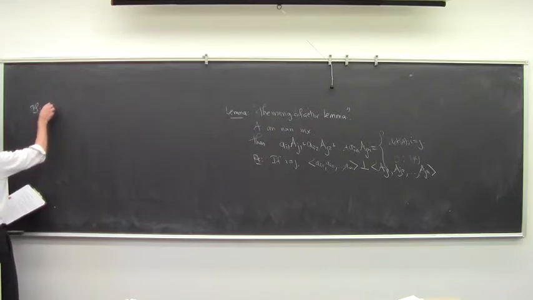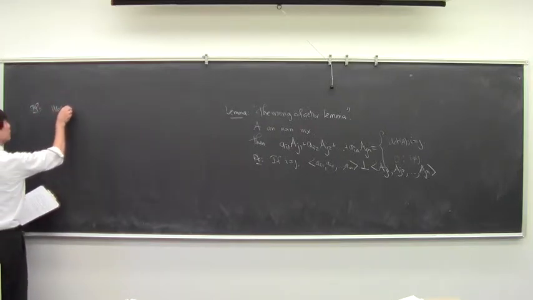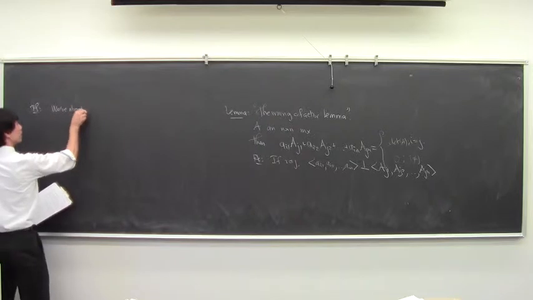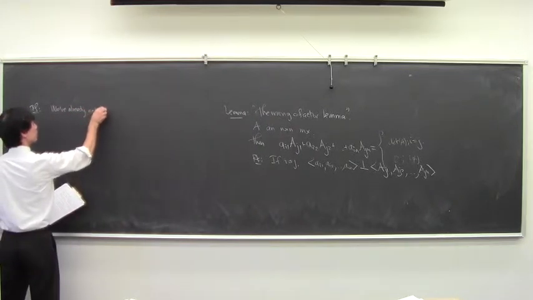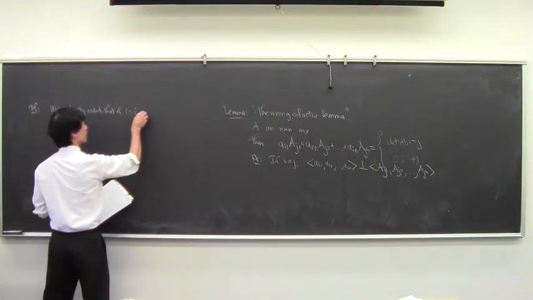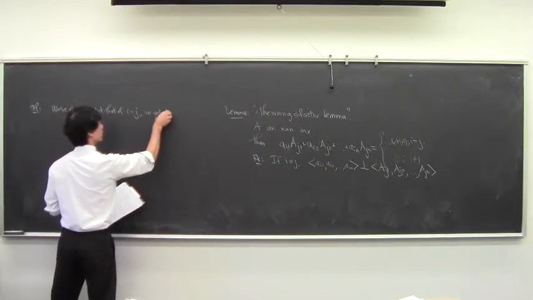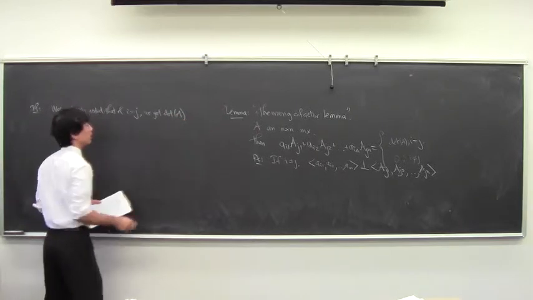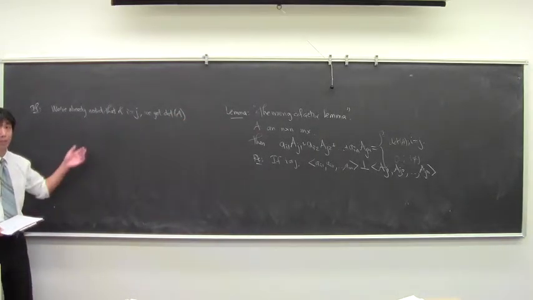So first off, we've already noted that if i equals j, we get the determinant of A. This was the useful theorem.